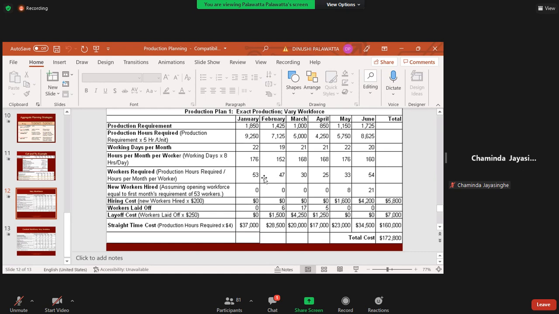At the beginning of February, you have 53 workers, so you need to lay off 6. No hiring, you have to lay off 6. So 6 multiplied by 250, you get 1,500 layoff cost. And then 7,125 multiplied by 4 gives 28,500 as the straight time cost.